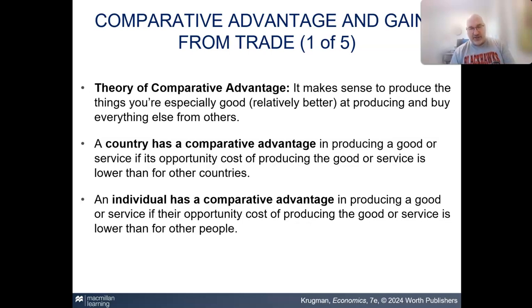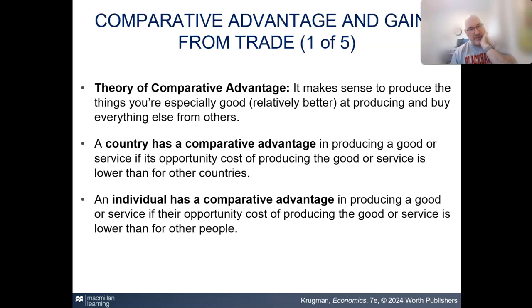So comparative advantage is the idea that you trade based on the good you have a lower opportunity cost in, and so you produce that good and trade. So produce the things you're especially good at or relatively better at, and buy everything else from everybody else.